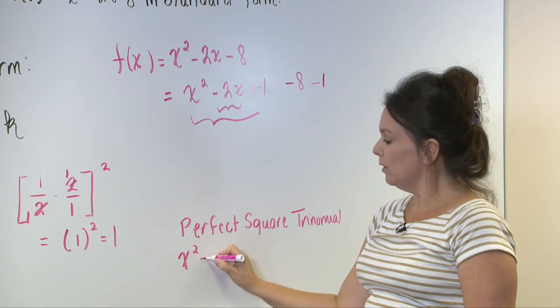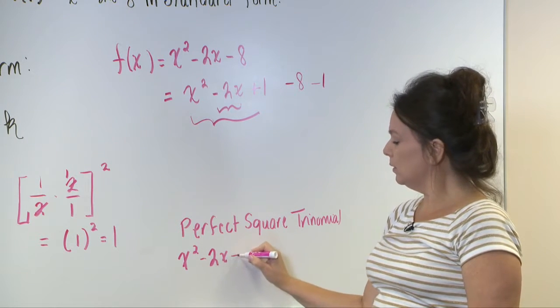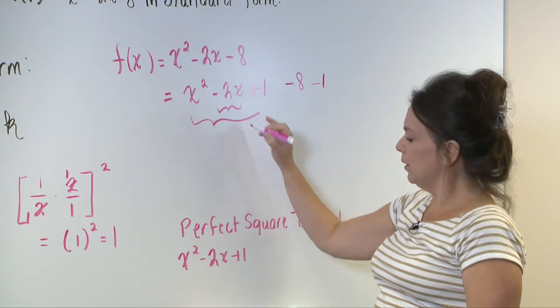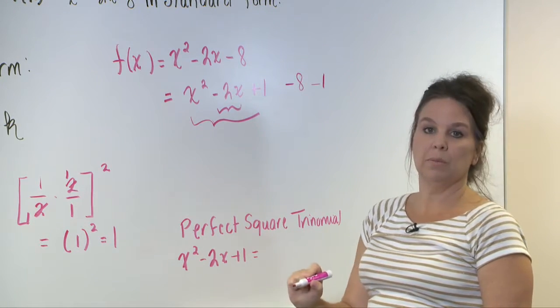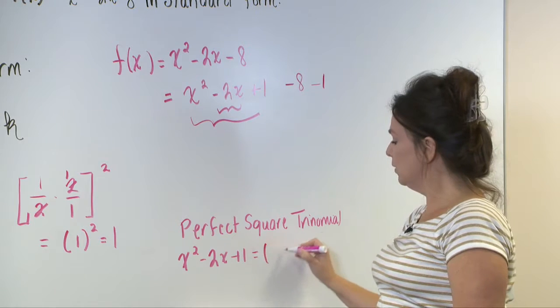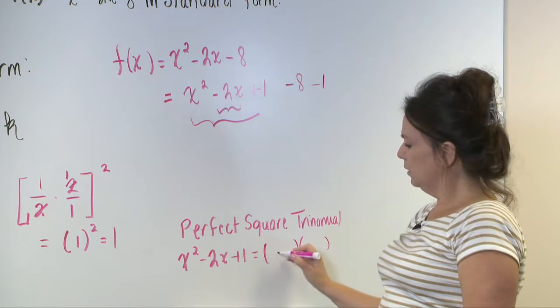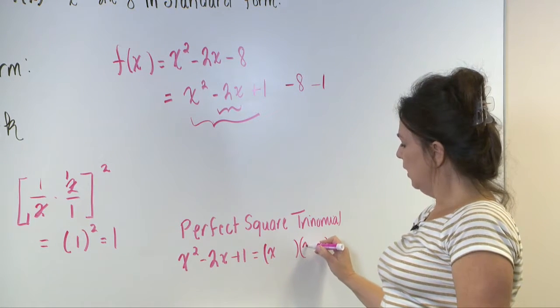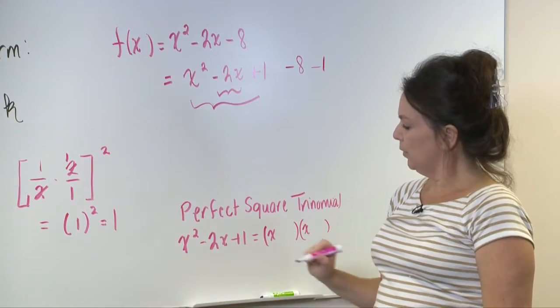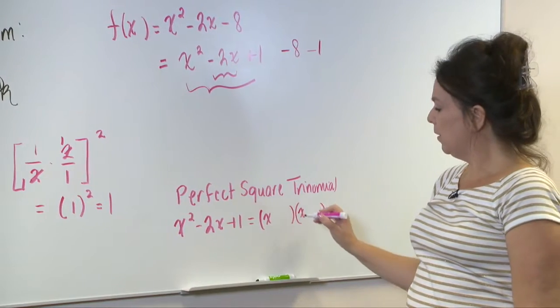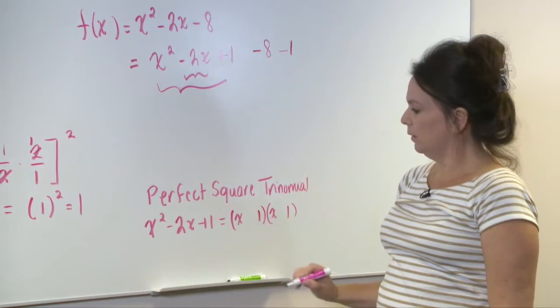We have x squared minus 2x plus 1 right here. So this is going to factor into x multiplied by itself gives us x squared. So it will factor into x and x as the first term of the binomials. And then I know that 1 multiplied by 1 is 1.